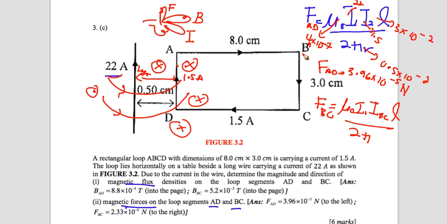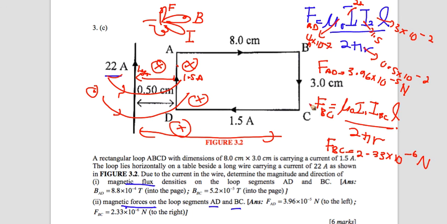The distance from segment BC to the wire is 8 cm plus 0.5. You can do your own calculation; I will just give you the final answer: F at BC is equal to 2.33 times 10 to the minus 6 Newton.